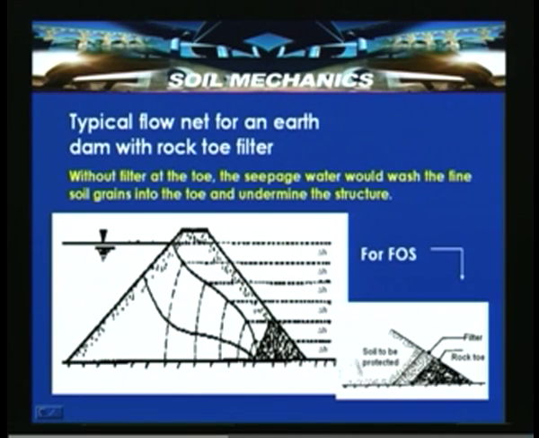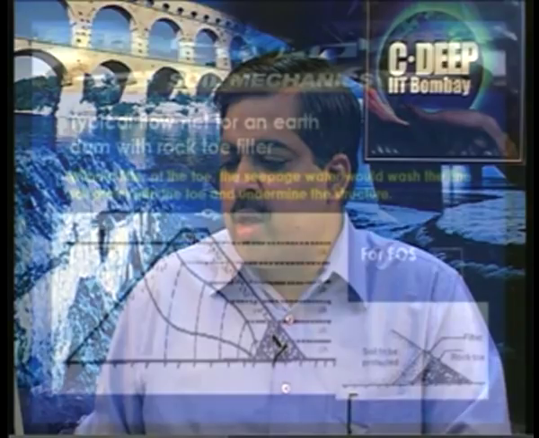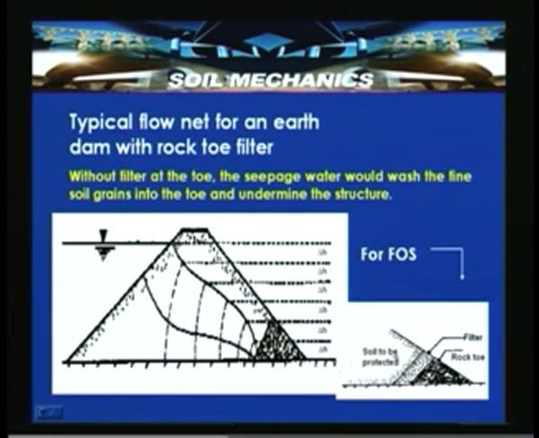Here a rock toe is shown, and this particular zone is constructed with a highly permeable material, which has criteria to be selected so that the soil to be protected is not affected in undermining the performance of the structure.